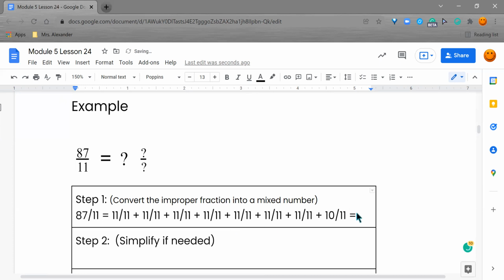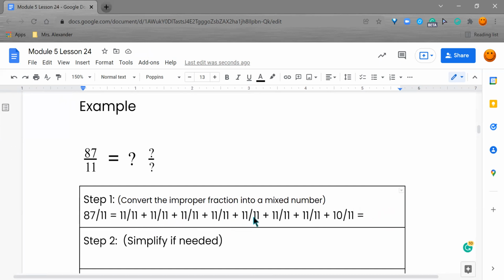Now we're going to go ahead and count. I'm going to make this just a little bigger, you guys. Count 1, 2, 3, 4, 5, 6, 7. So 87/11ths is the same as 7 and 10/11ths. So I'm going to come right down here and rewrite it.